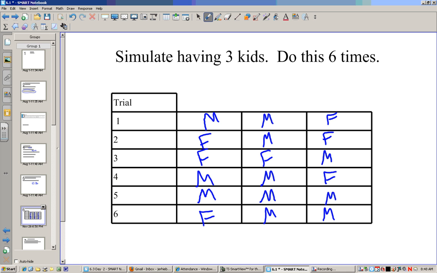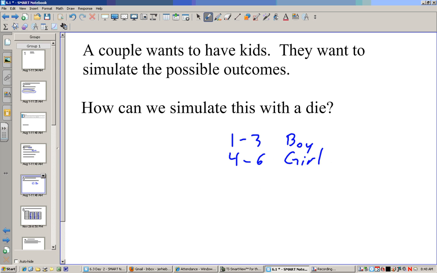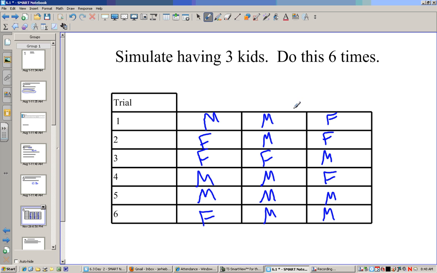So I just kept rolling the die, and whatever I got, if it was 1 through 3, I called it a boy or a male, and 4 through 6, I said it was female.